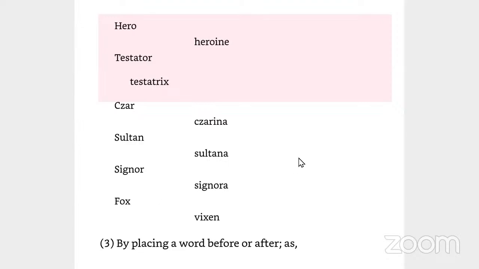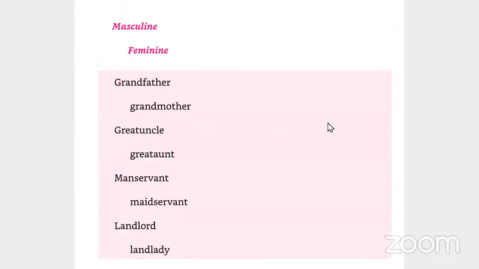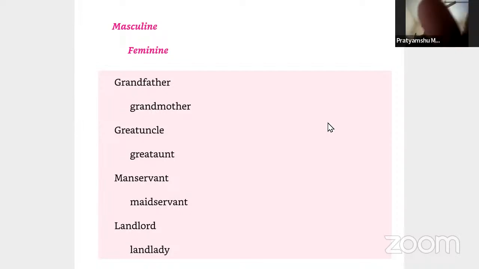Now, by placing a word before or after: grandfather, grandmother, great uncle, great aunt, manservant, maidservant. What do you mean by great uncle? Anybody? Sir, great uncle means uncle of your father.